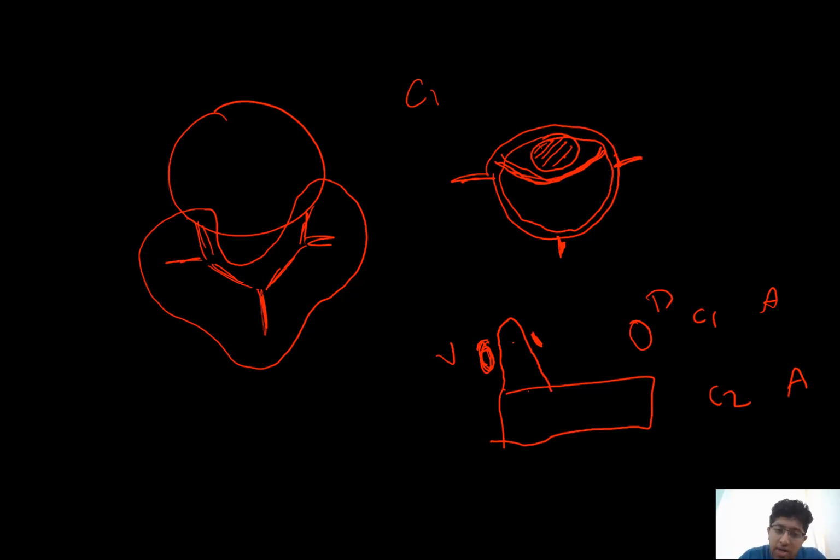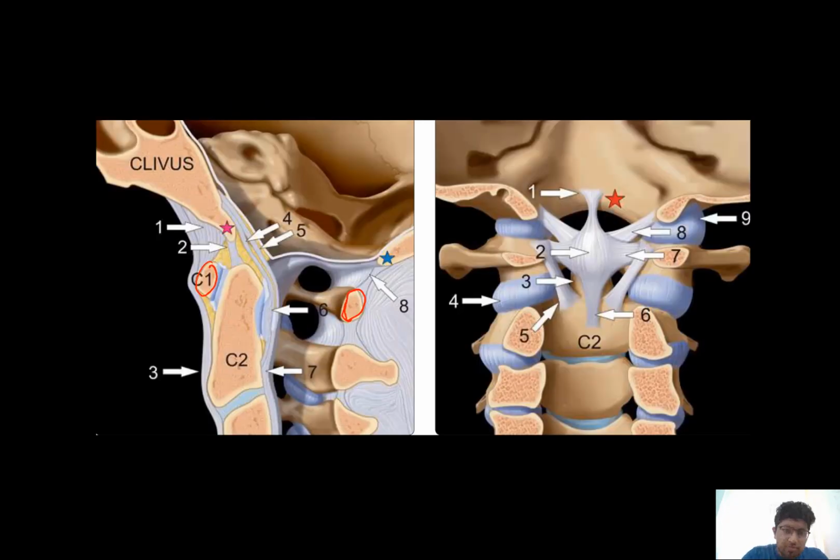The lateral atlantoaxial joint is nothing but the facet joint, which is forming between the facets of the atlas and the axis. It is a zygapophyseal joint like we see in any other vertebral bodies. So this is the medial atlantoaxial joint like how we see here. So this structure here is nothing but the ventral arch of the C1.